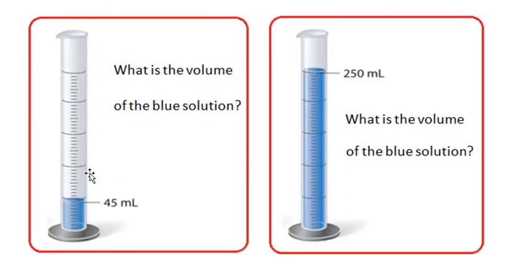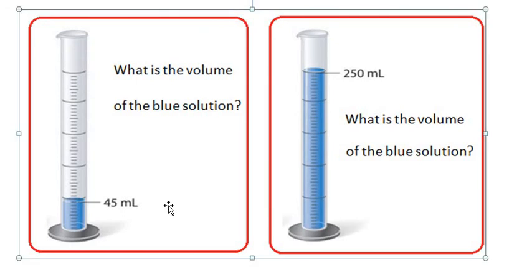This is a graduated cylinder used for measuring volume. If you want to read the volume of the liquid inside, this is 45 milliliters. Your reading must be, if you want to measure exactly, put your eye here.